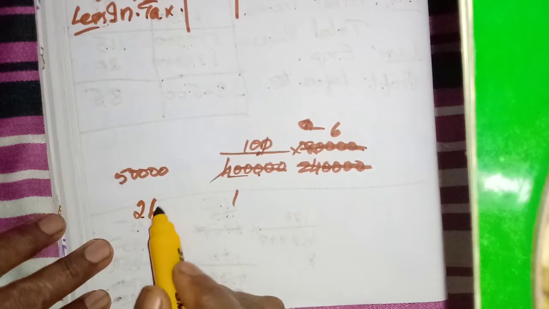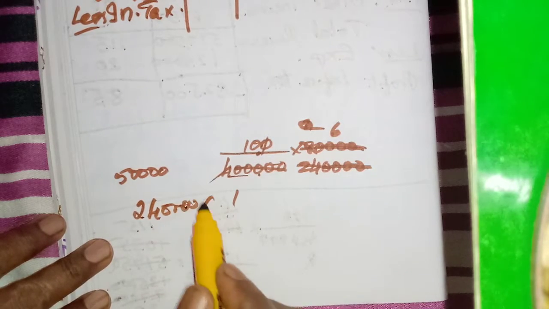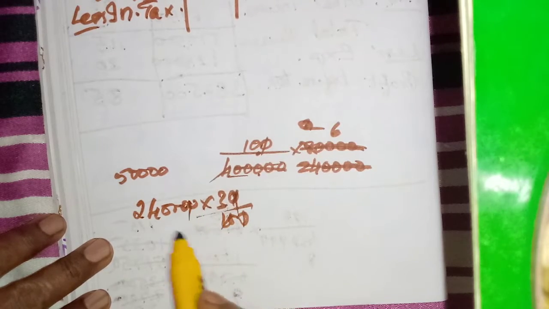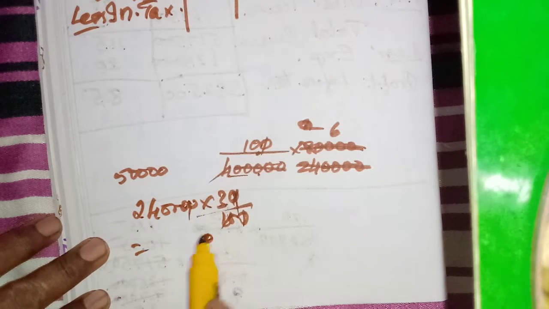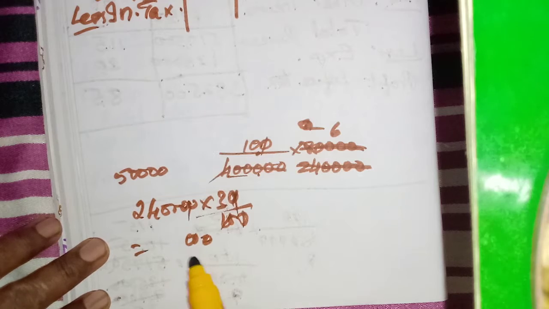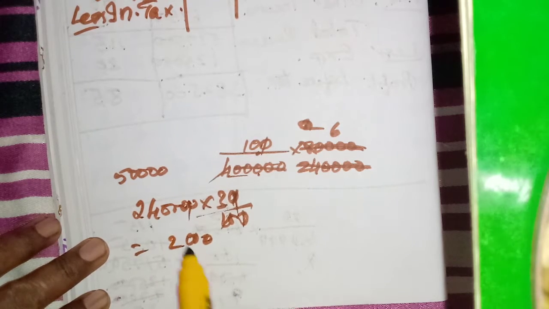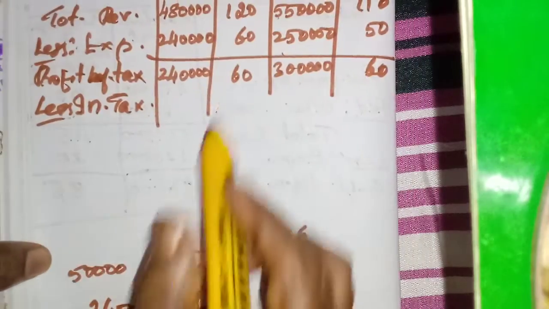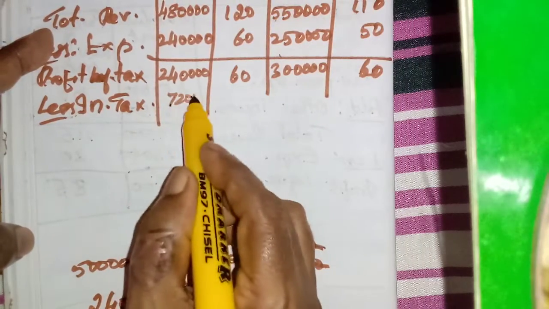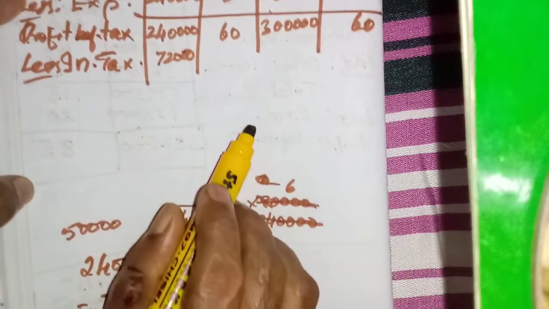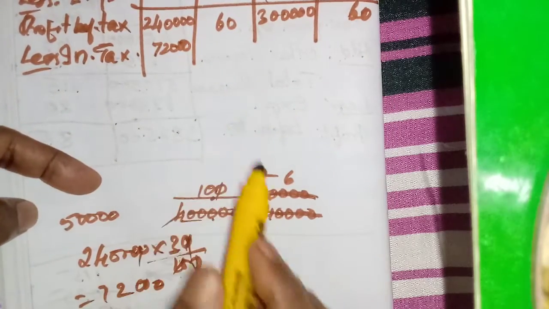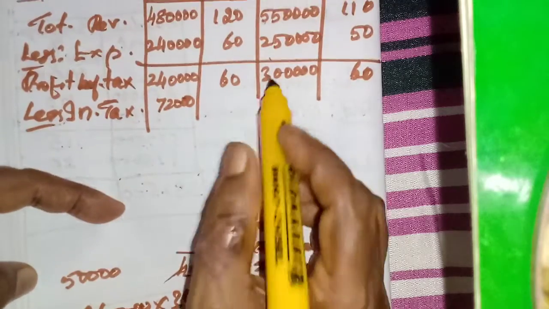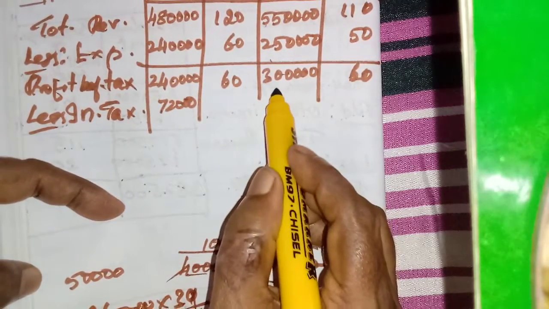So 2,40,000 into 30 by 100. 4 3s are 12, 72,000. Here 3 lakh, there how much? Same 30%. Okay, 3 into 3, 90,000.